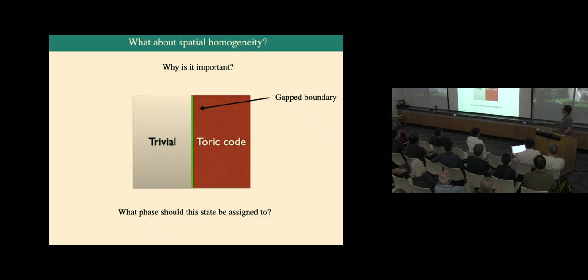So one way to not ask the question is to impose some restriction on states we're allowed to consider so we never have to think about this state, right? We want spatially homogeneous states. There's an easy way to do this. It works, but it's not the way to do it, which is to impose translation symmetry.